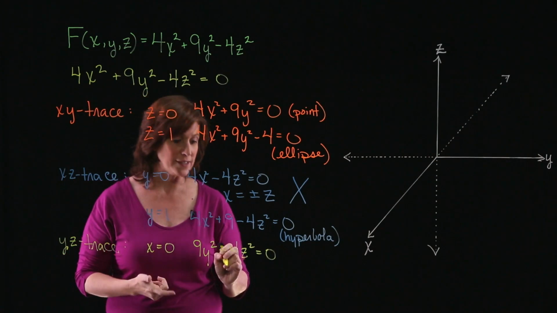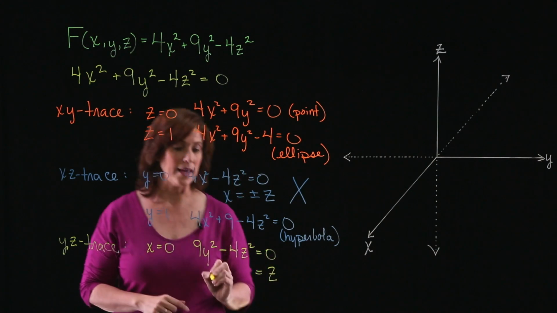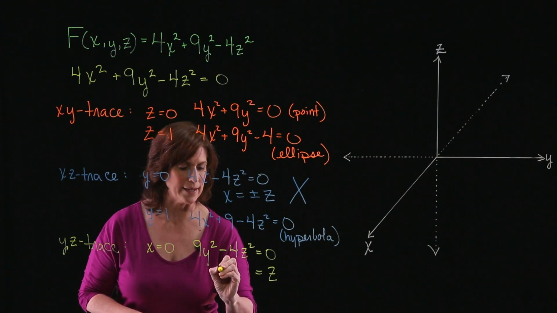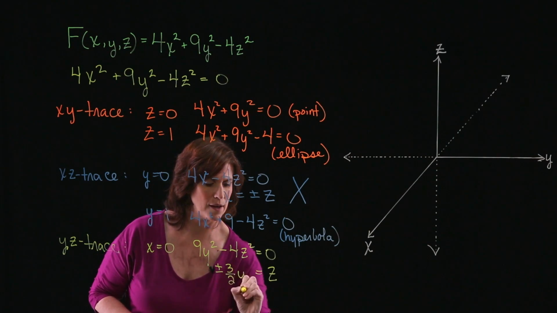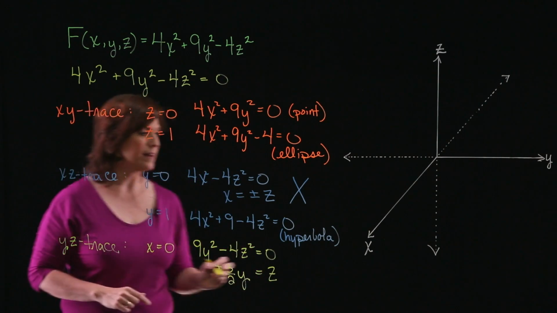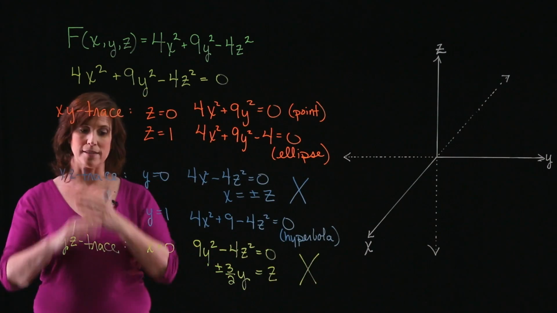And if you solve this for z, you're going to end up with z being equal to plus or minus 3/2 y. And again, that's going to be two lines that are crossed.